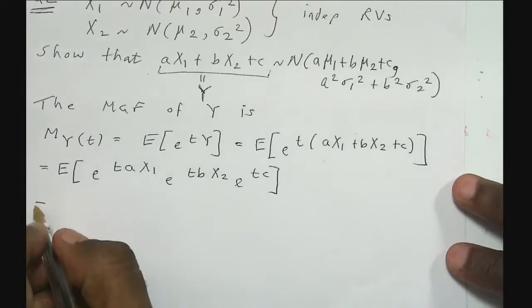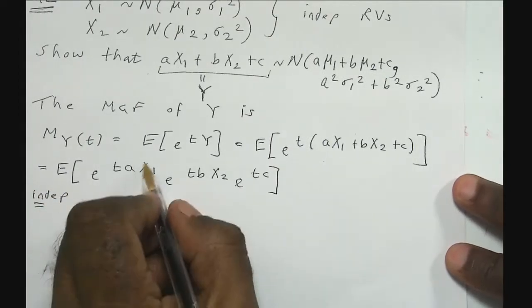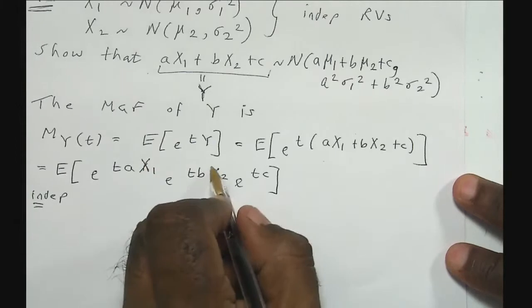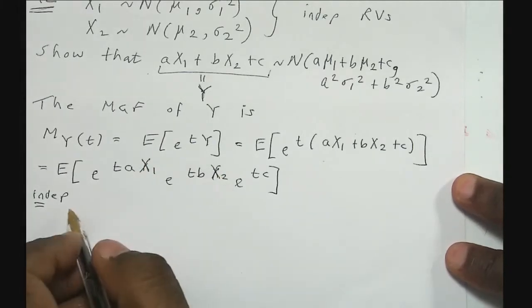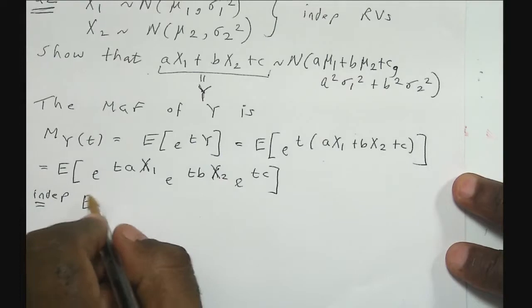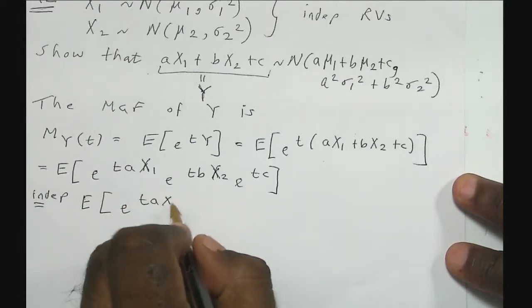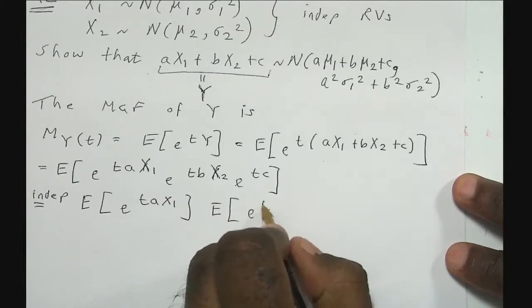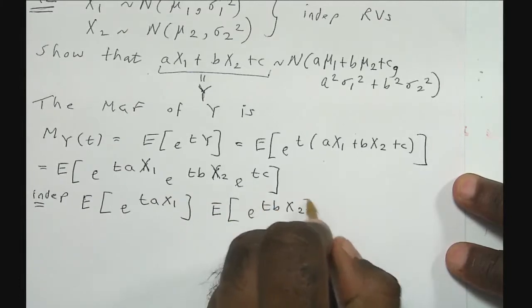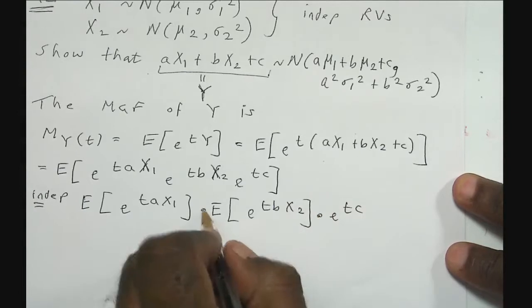Now, we are told that x1 and x2 are independent random variables, right? So using independence, you can write this as, yeah.